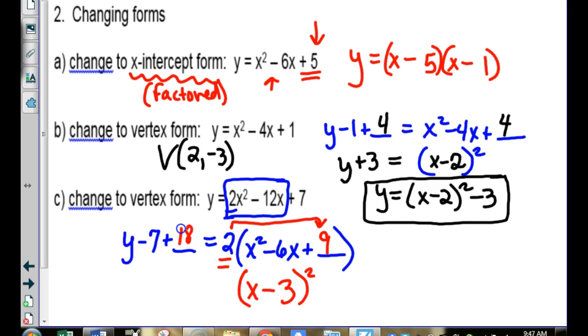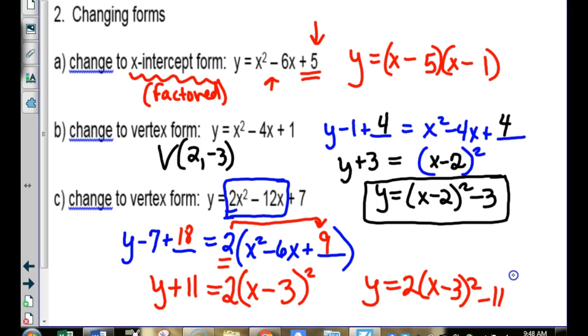So we have to add 18 to this side. Now, that gives us y plus 11 over there. Oh, I can't lose the 2. There's still a 2 out there. And then we would do what? Subtract the 11. So we'd have y equals 2 times (x minus 3) squared minus 11.